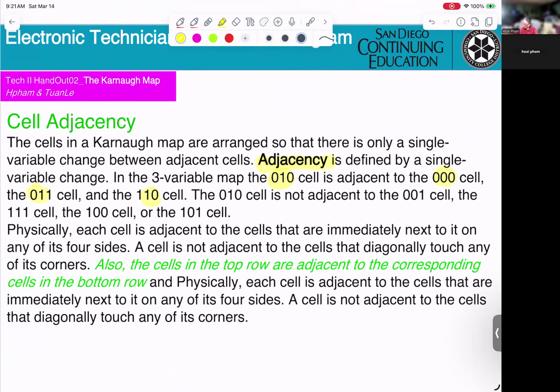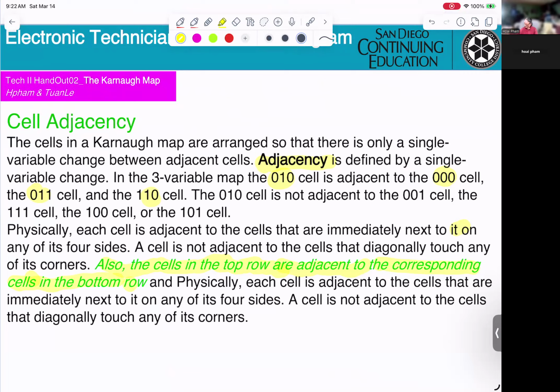Okay, basically, you can recognize that physically, each cell is adjacent to cells that are immediately next to it on any of its four sides.